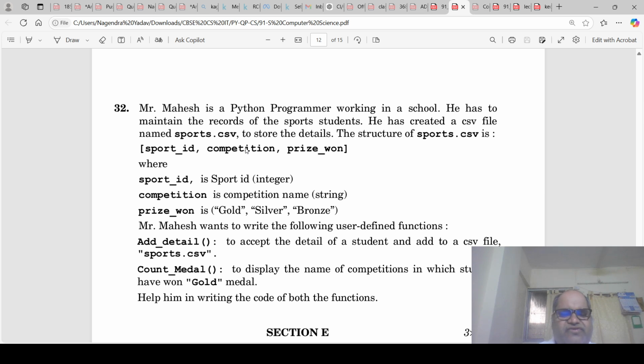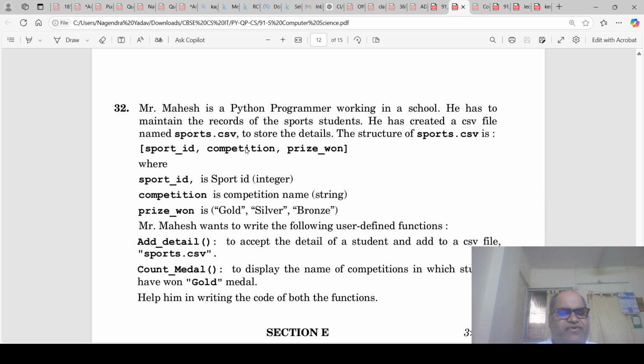Right. So for add detail of a student, you have a sport ID, competition, and prize on, and then this has to be extended for new students.